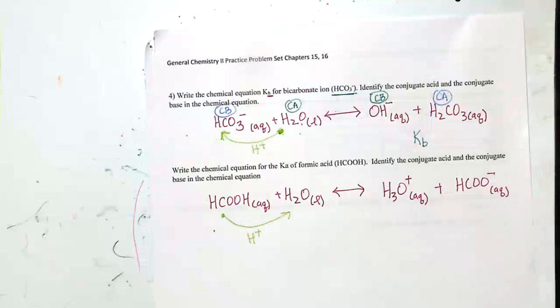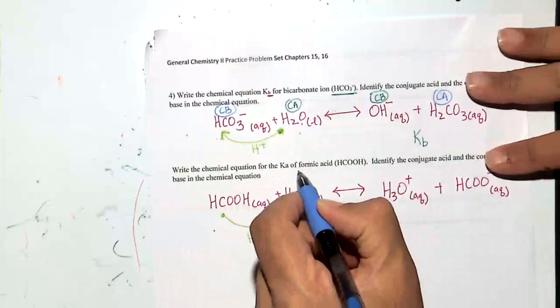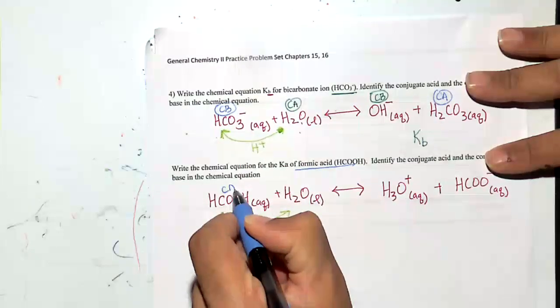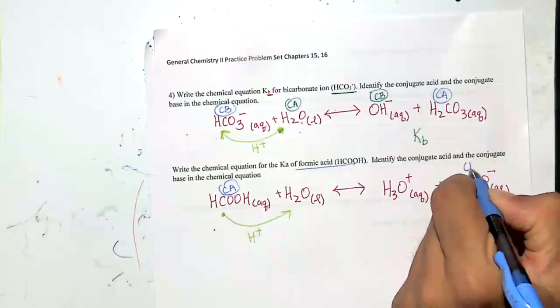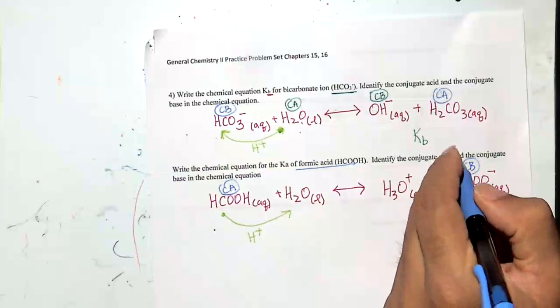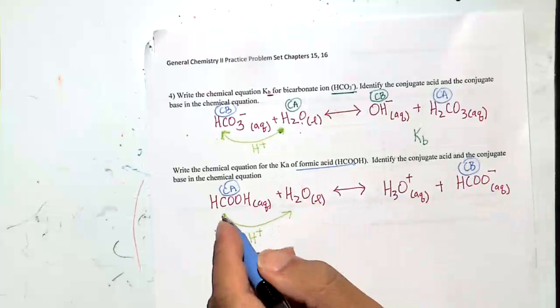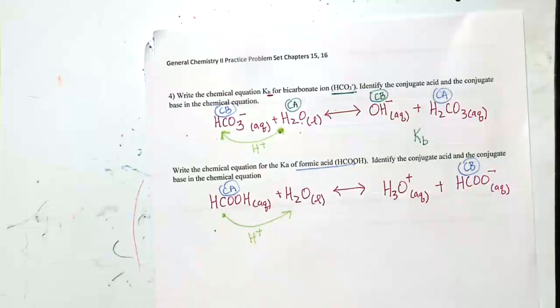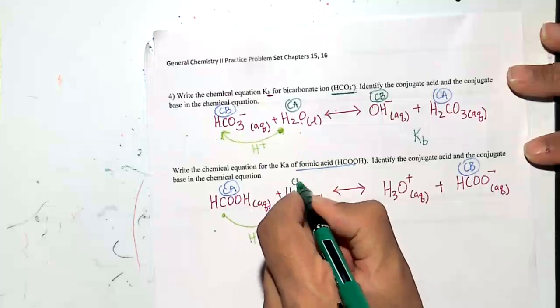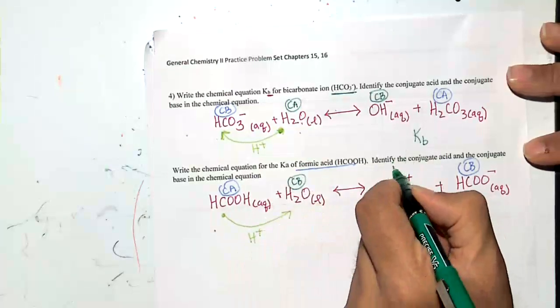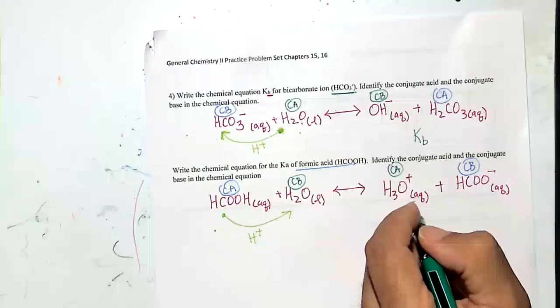All right, can we do the same thing here now? Can we identify the conjugate acids and conjugate bases in this, the Ka? We know formic acid is an acid, so that's going to be the conjugate acid. What is its conjugate base? The conjugate base is formate. You don't need to know that, but this is called formate. This is formic acid. And what's the conjugate acid-base pair here? This is going to be the conjugate base, and this is going to be the conjugate acid.